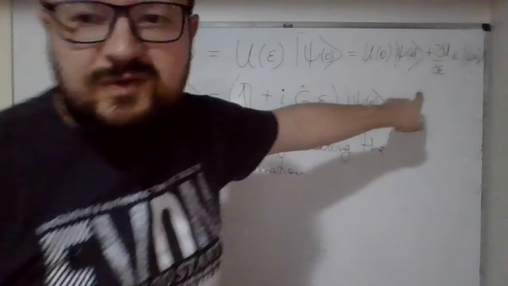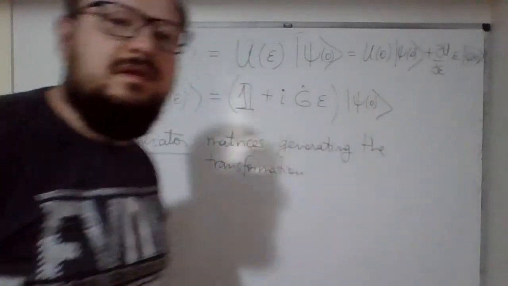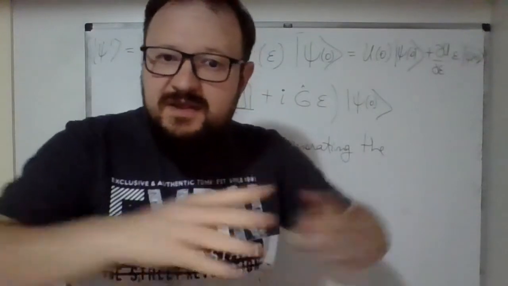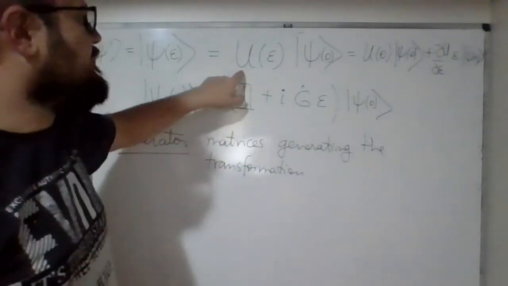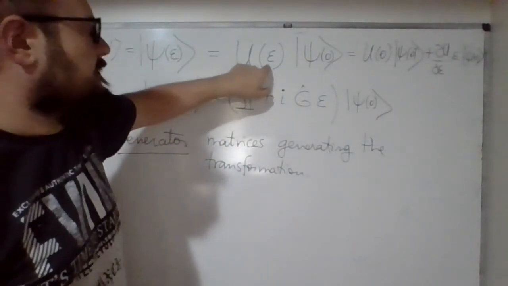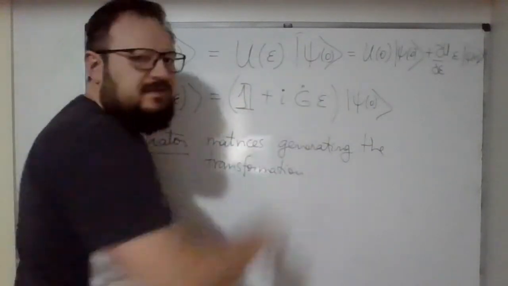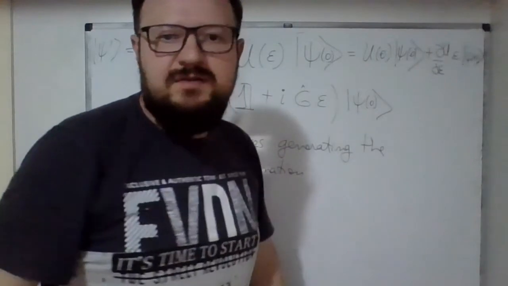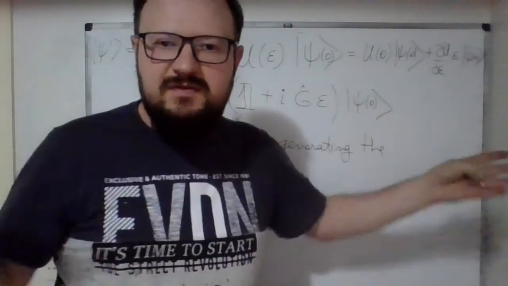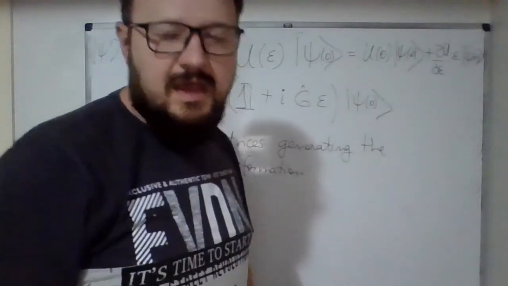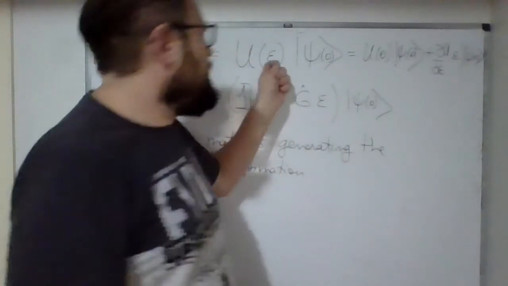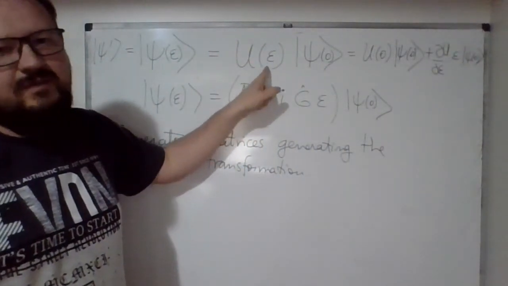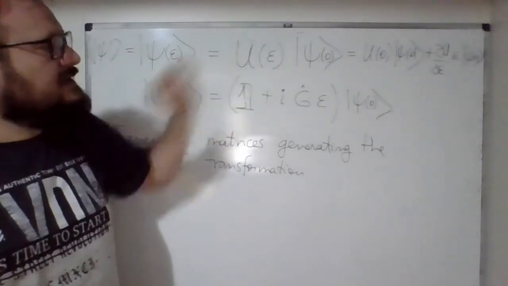So Lie groups must be composed of a set of elements. There are infinite elements because this u you can make infinitesimal, but in the end you'll make finite transformations and you will have a set of infinite number of elements taking on continuous parameters theta in place of some epsilon here.